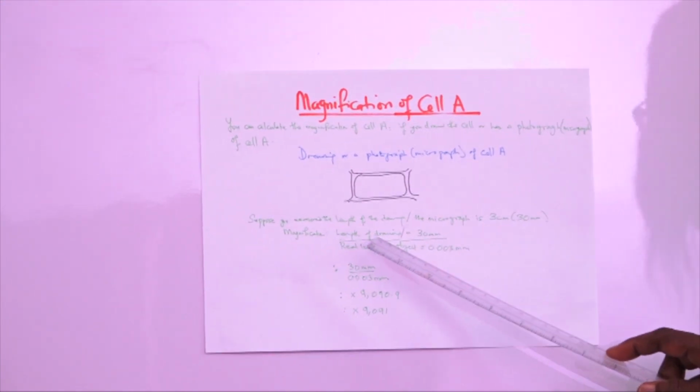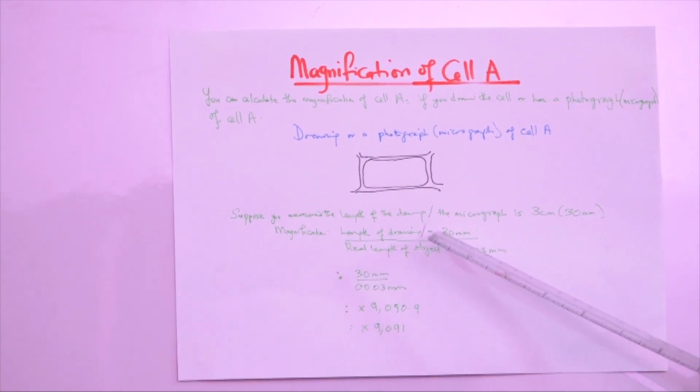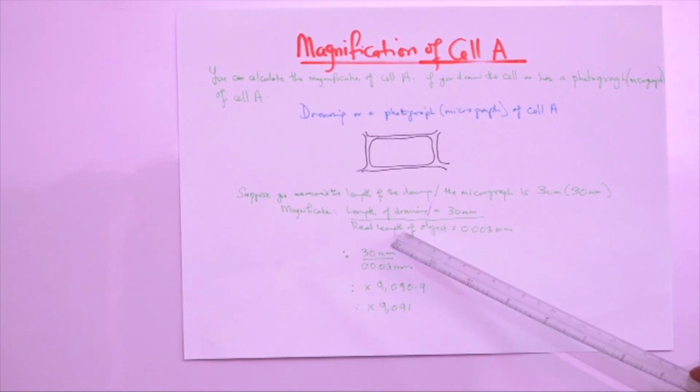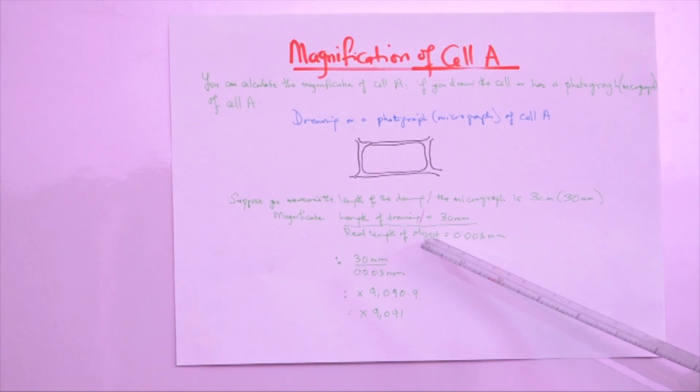The formula for magnification is the length of the drawing, photo or image divided by the real length of the object.